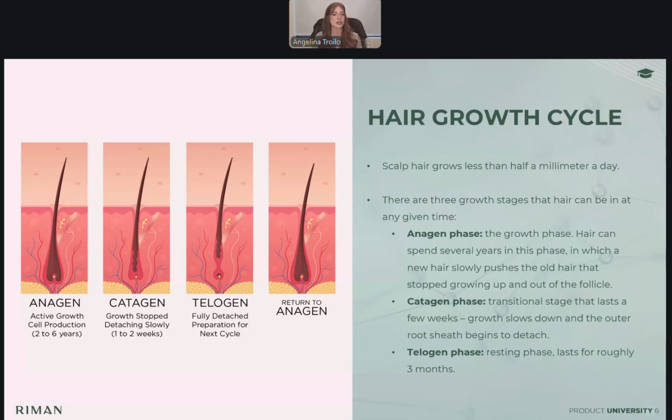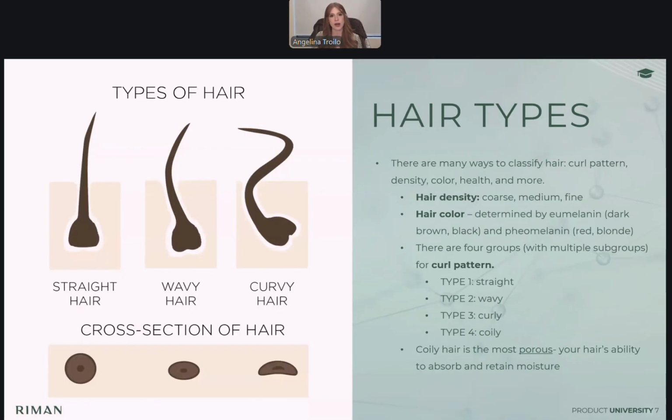Now, in the consideration of the hair growth cycle, we also have the consideration of hair types. Now, there are many different ways to differentiate the different hair types, to classify it by curl pattern, the density, the color, the perceived health of your hair as well. If we were to go by hair density, you can see here that you may refer to coarse, medium, or fine hair.